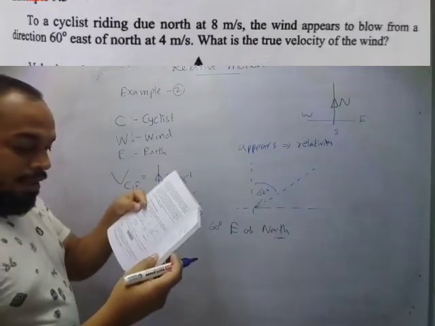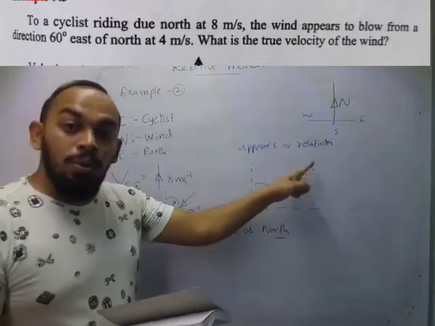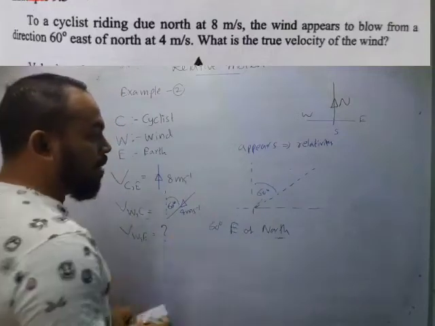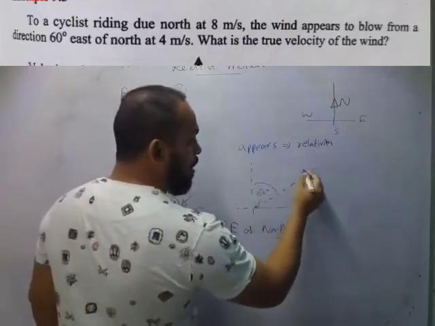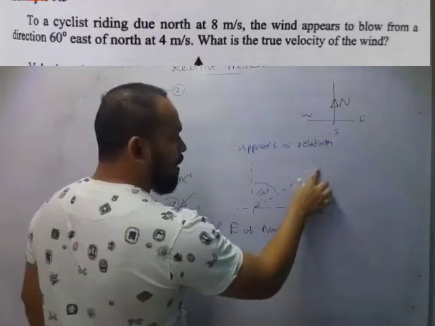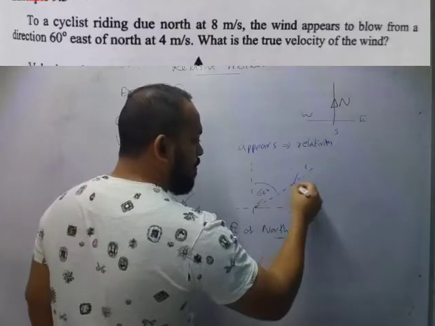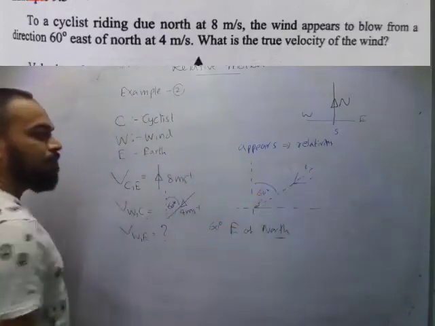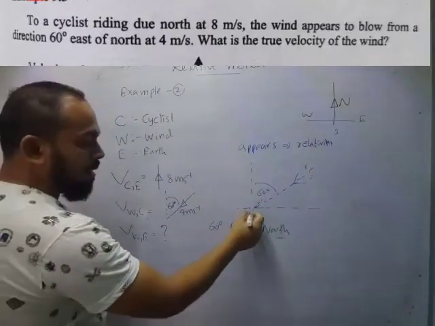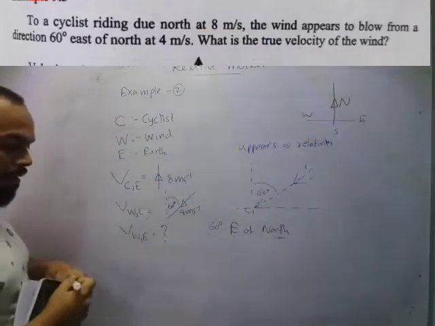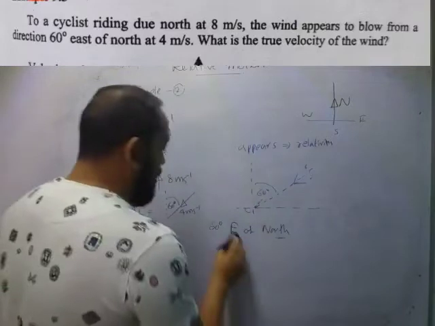They don't say due. It says from a direction. If it said due, it would be this way. From a direction means in this direction, right? From. Now think of yourself as the cyclist. You can feel that it's coming from over there, right? So we have to represent that as well.